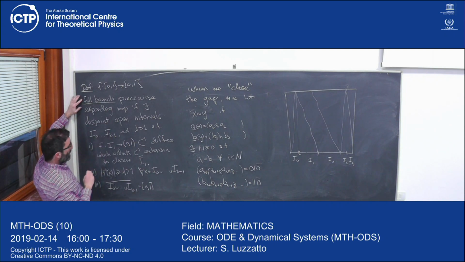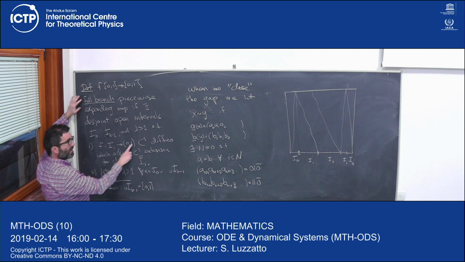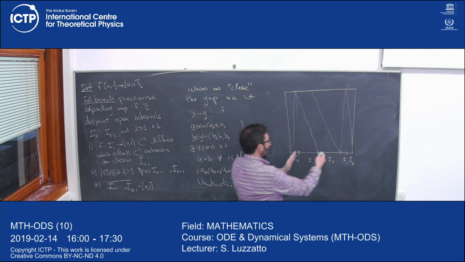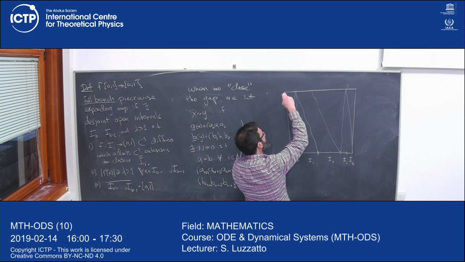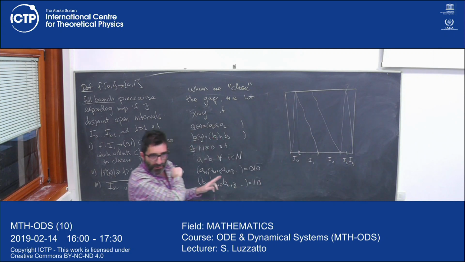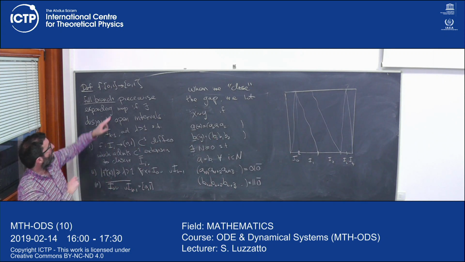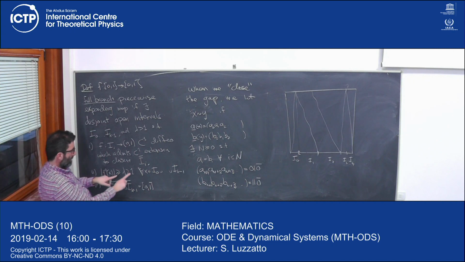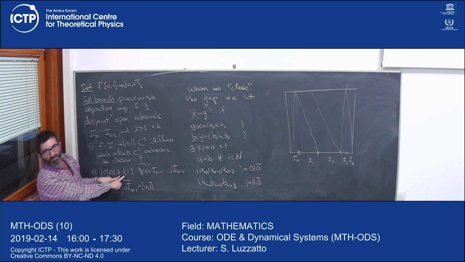The full branch refers to this property here, the fact that you have a finite number of intervals and each one maps fully onto all of 0, 1. That's what full branch means. And piecewise expanding is this second property, the fact that the derivative is bigger than 1.